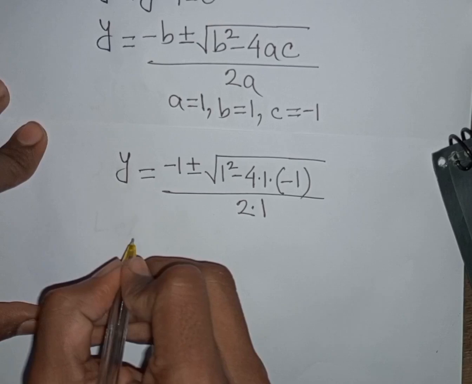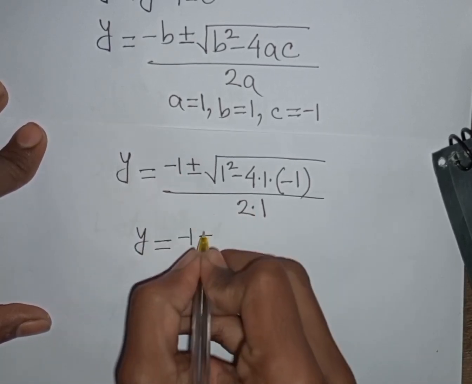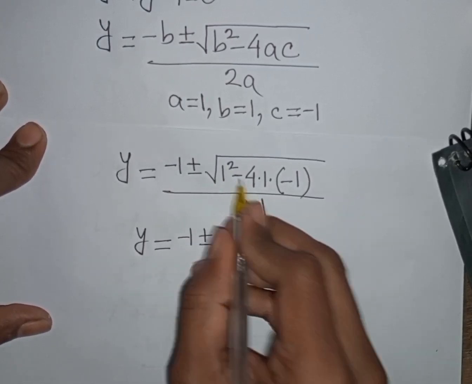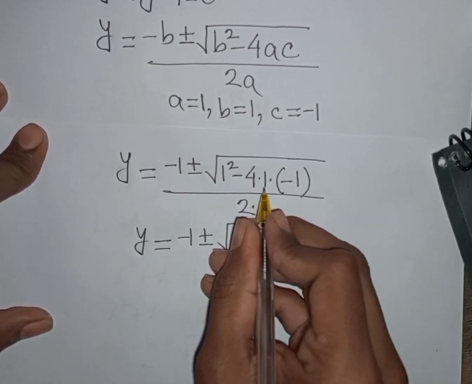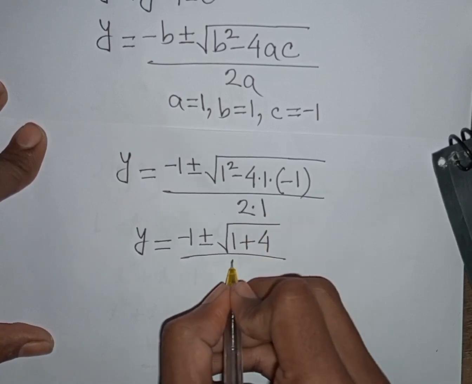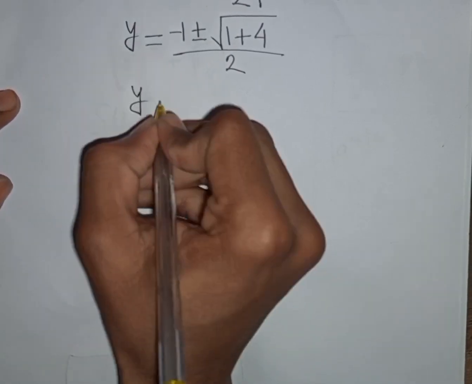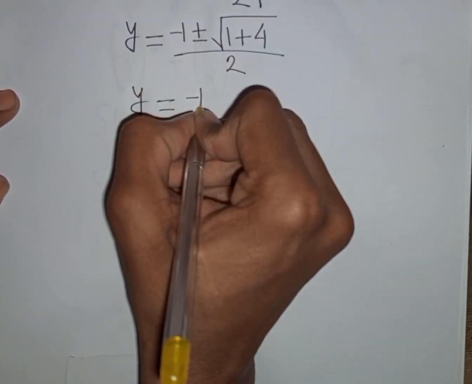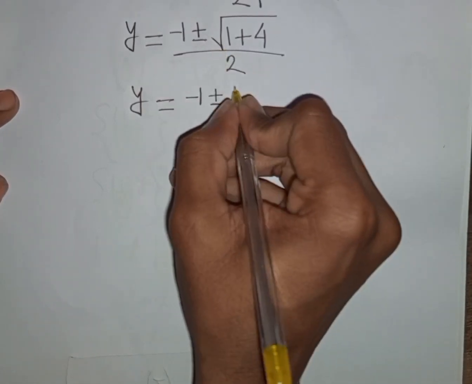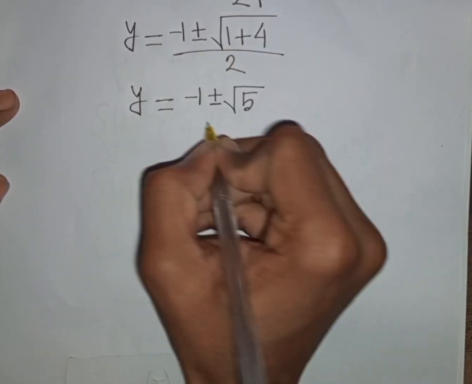Now I can write here y is equal to minus 1 plus or minus square root of 1 square is the same as 1, then minus times minus, that means it will be plus 4 times 1 times 1, that means it will be 4, then divided by 2 times 1, that means 2. Now we can write y is equal to minus 1 plus or minus square root of 1 plus 4, that means it will be 5, then divided by 2.